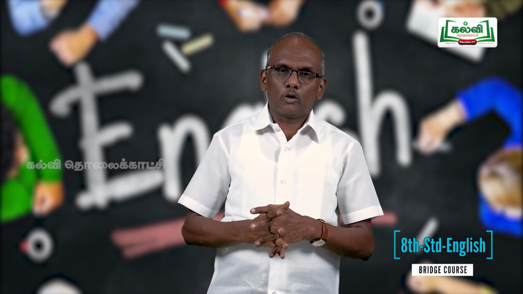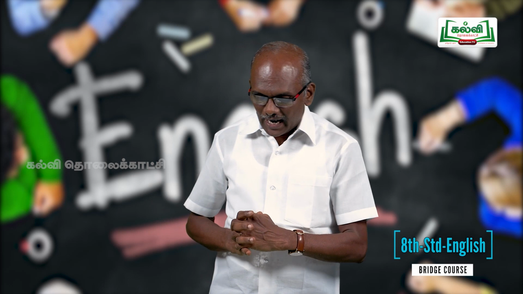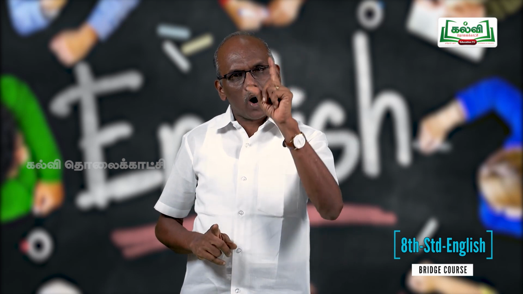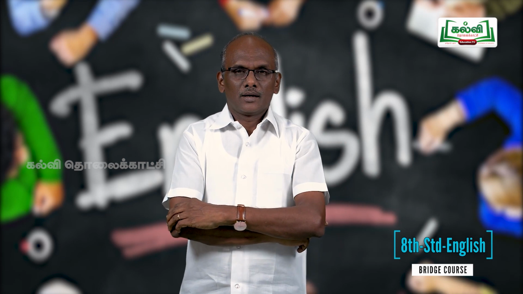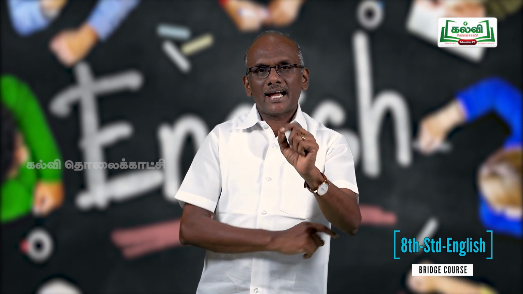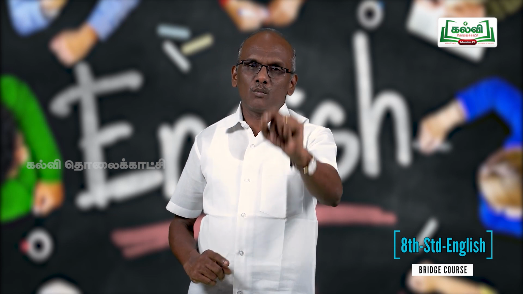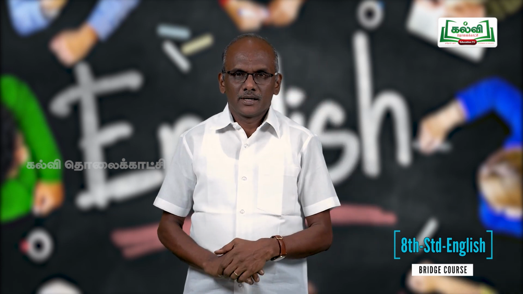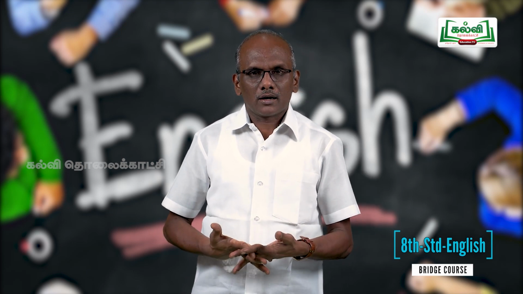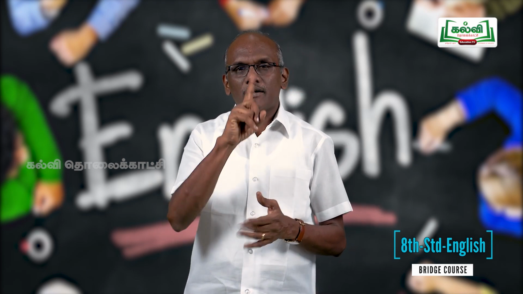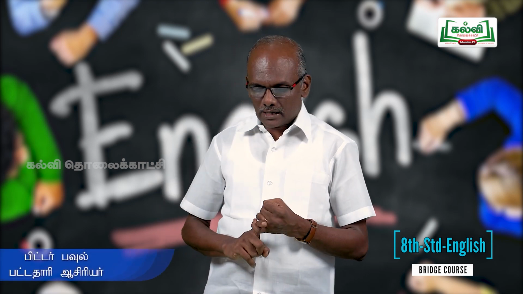How can we find out the monosyllabic words? Monosyllabic words have only one vowel sound in the word. If the word has only one vowel sound, it is called a monosyllabic word. For example, dog: it has only one vowel sound. Cat, only one vowel sound.